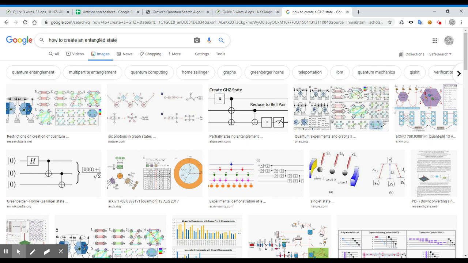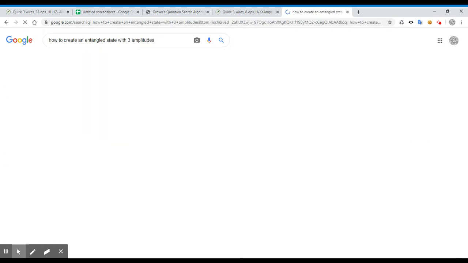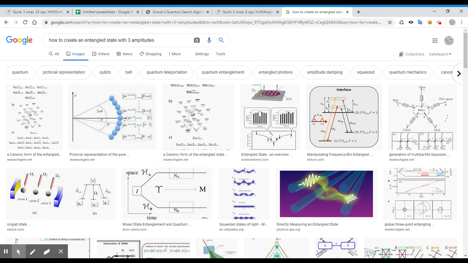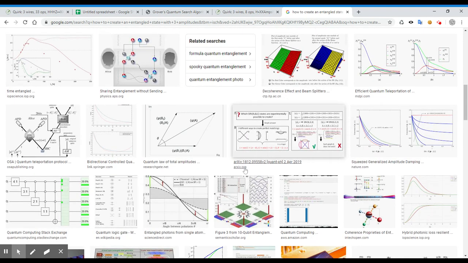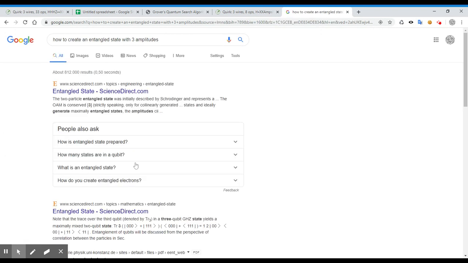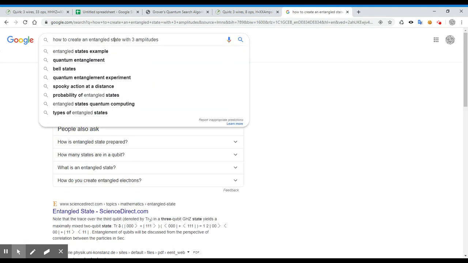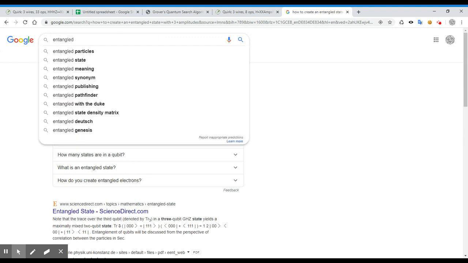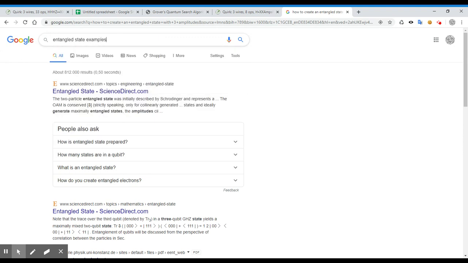Entangled state with 3 amplitudes. That was not really helpful. Or maybe entangled state examples, 3 qubits.